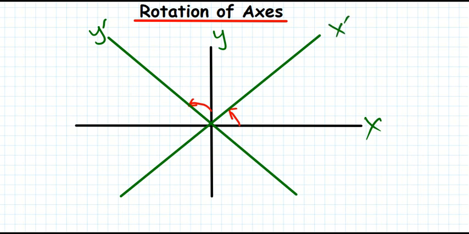Let's picture you had maybe a parabola using the original coordinates. Maybe it was like this, along the y-axis. When you rotate it by that same magnitude, it's going to be the same, but it would be in the new coordinate system.